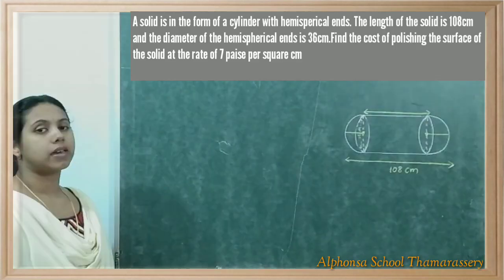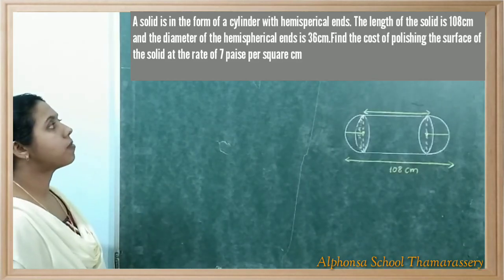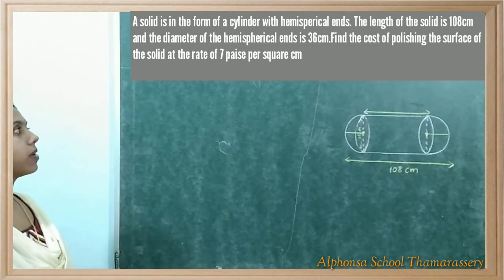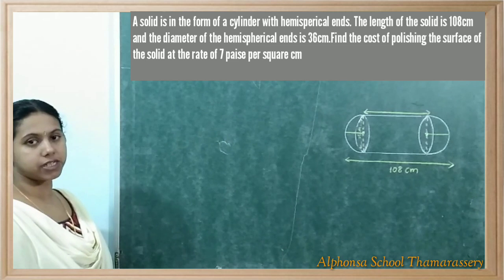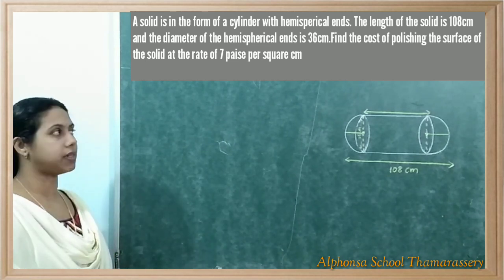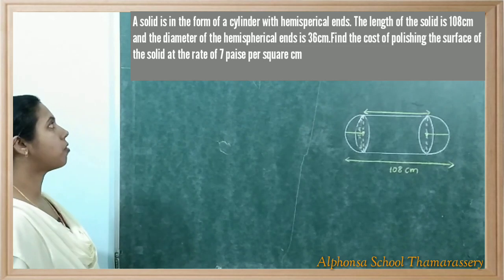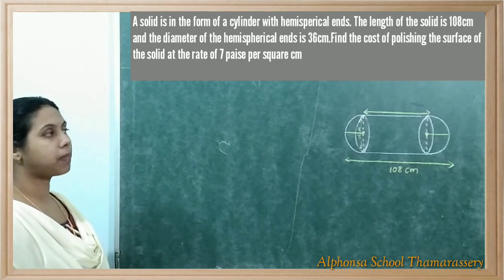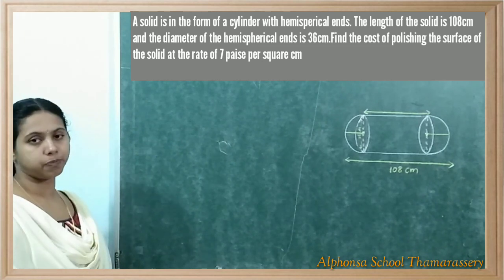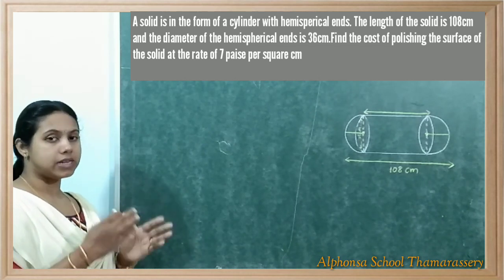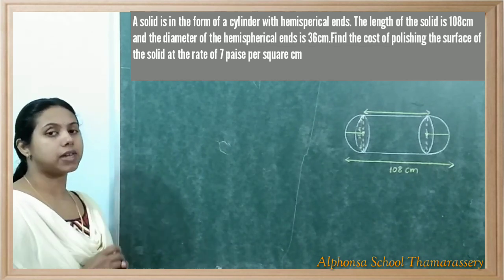Let us do some problems. A solid is in the form of a cylinder with hemispherical ends. The length of the solid is 108 cm and the diameter of the hemispherical ends is 36 cm. Find the cost of polishing the surface of the solid at the rate of 7 paisa per square centimeter. So the shape of that solid is cylindrical with hemispherical ends.